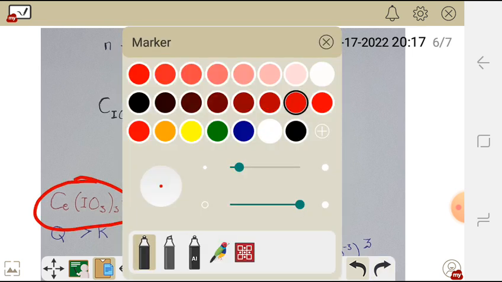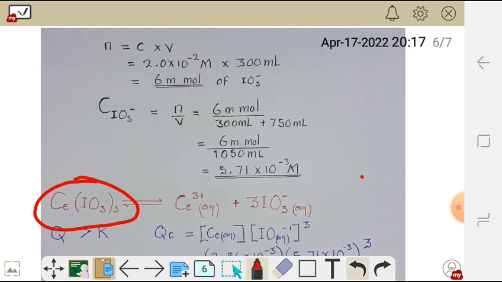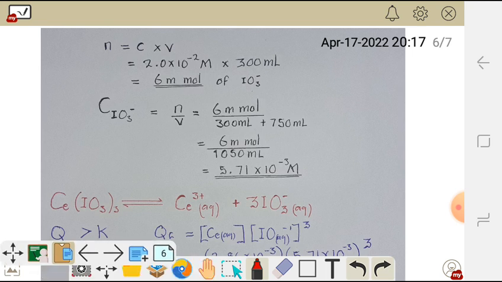When cerium iodate decomposes, it will form cerium as an ion raised to the power 3 and iodate as a negative ion. To balance the equation, we are going to have a 3 in front of iodate.